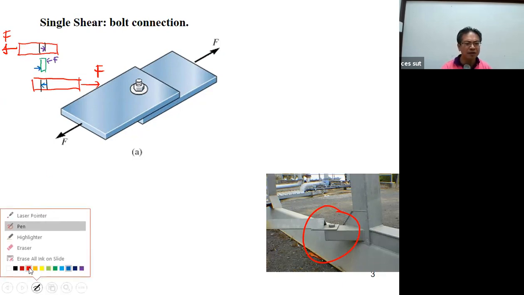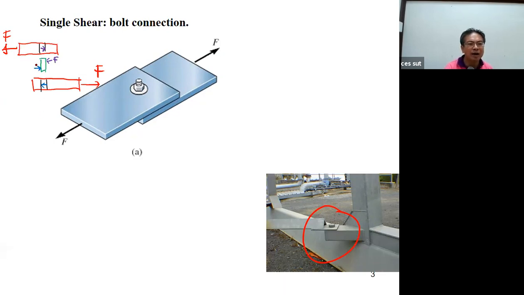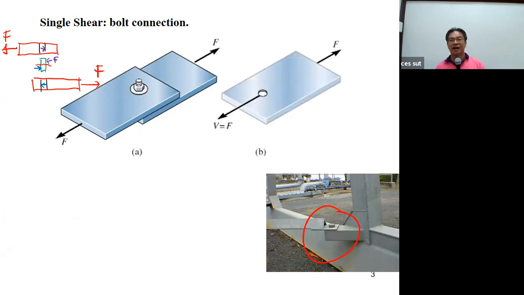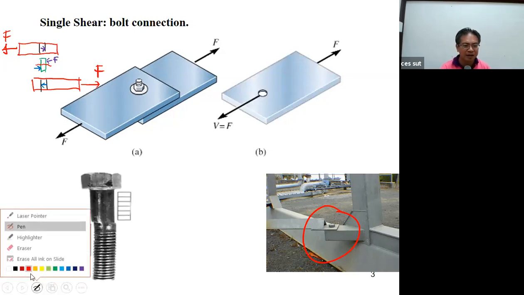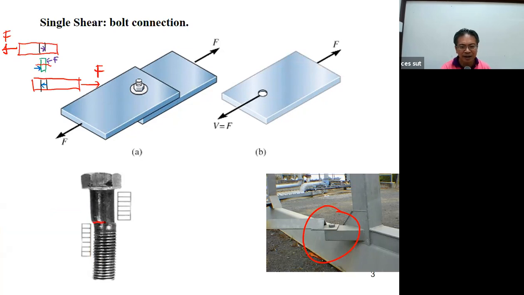So the force that acts upon the bolt will cut the bolt in one plane. So we call this the single shear. And then we will have the cut shown over here. See, this is the evidence that we have due to the failure of the single shear that may occur in the bolt.